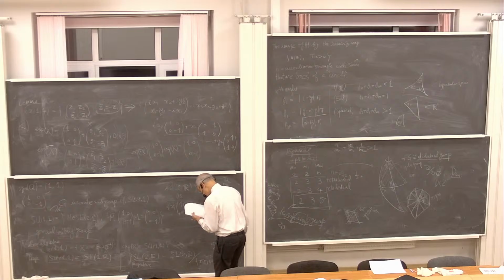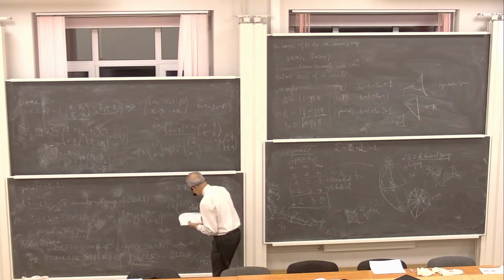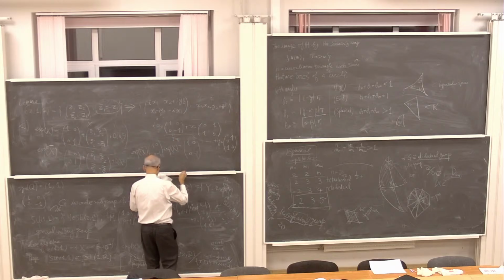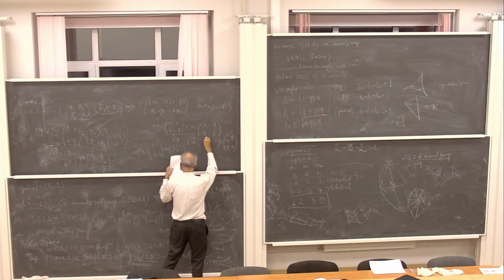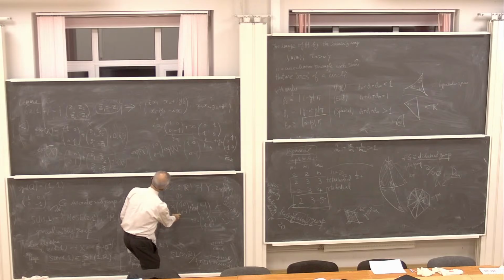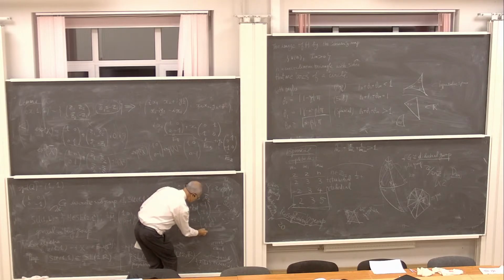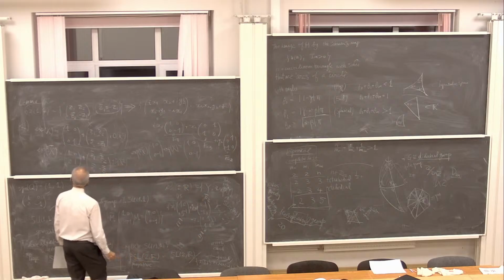Sometimes it is denoted by E1, E2, E3. So I have here E1, E2, E3.